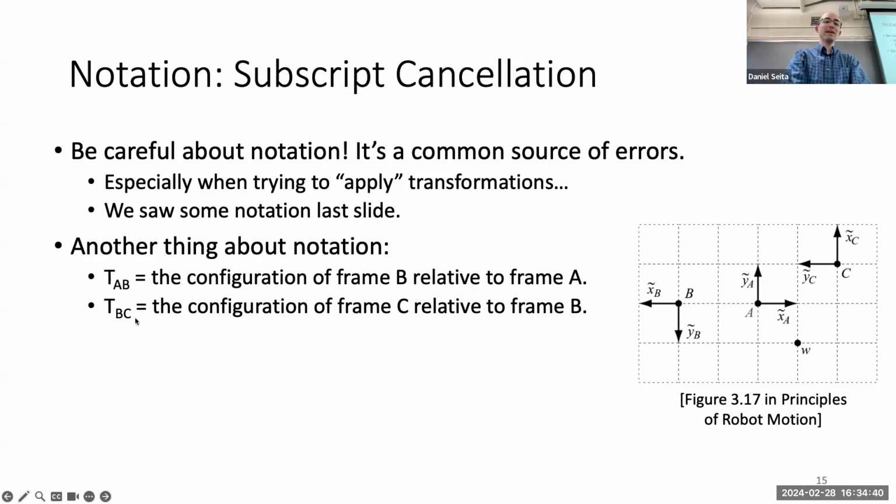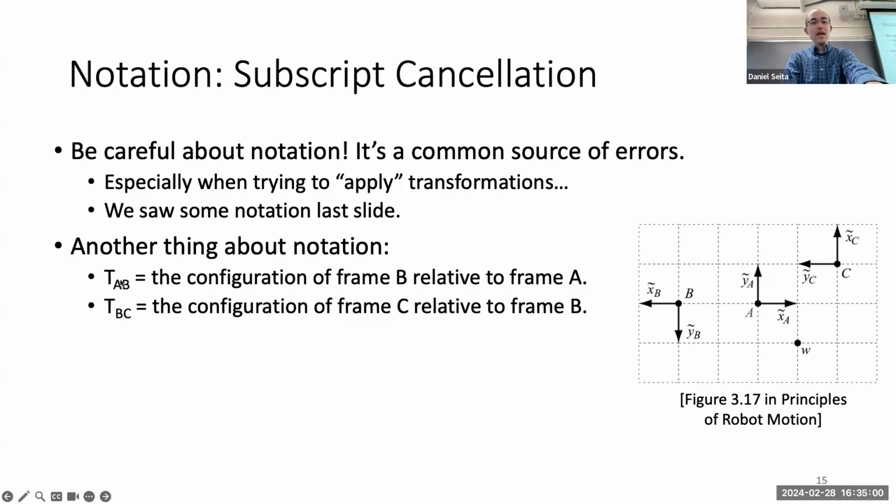And same thing with BC, the configuration of frame C relative to frame B. Do you know what relative to means? Basically, that just means you express the coordinates assuming that your origin is whatever you're relative to.